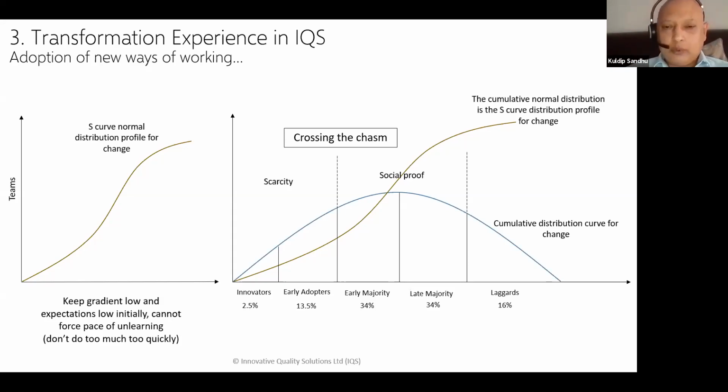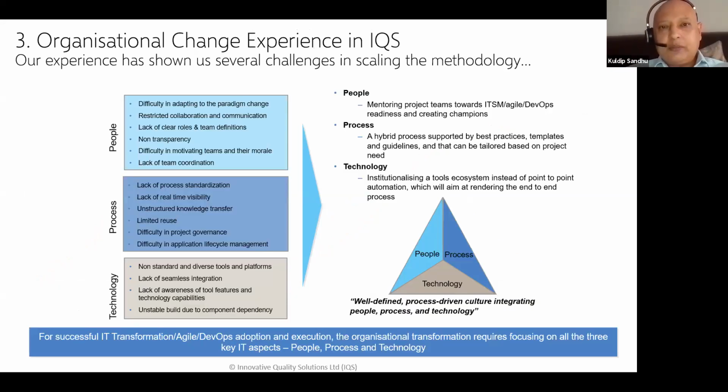And I thought that's important to set that context, because some of the challenges we see are people challenges: there's lack of roles, there's lack of transparency, people are not motivated, processes are undefined and not repeatable, therefore you can't automate them.